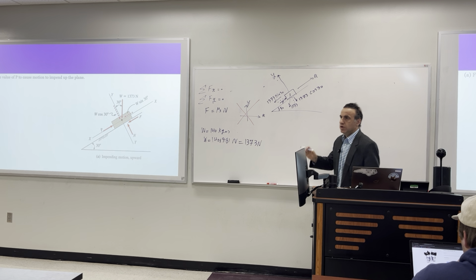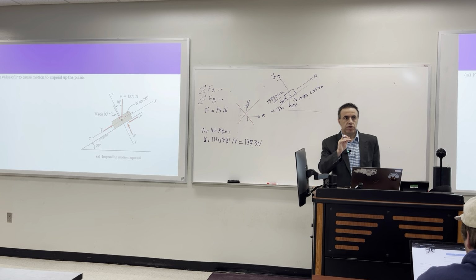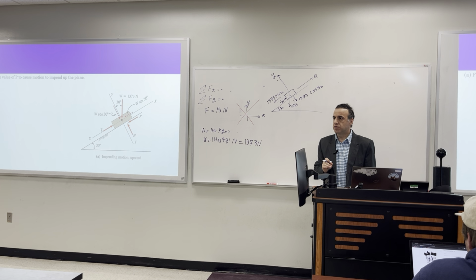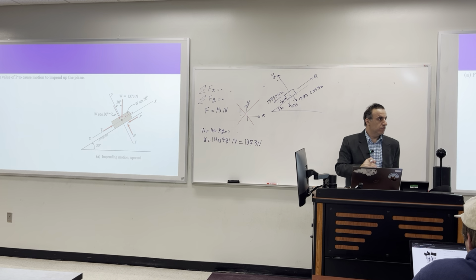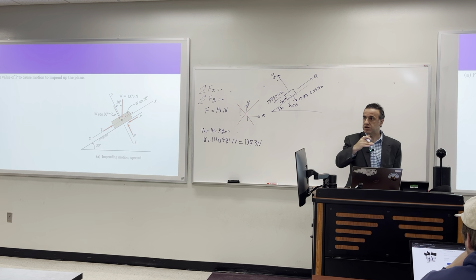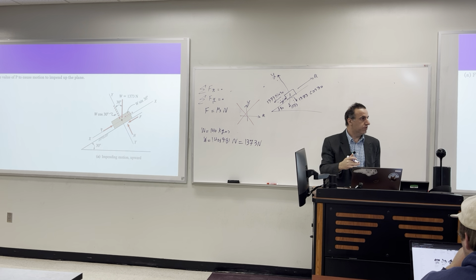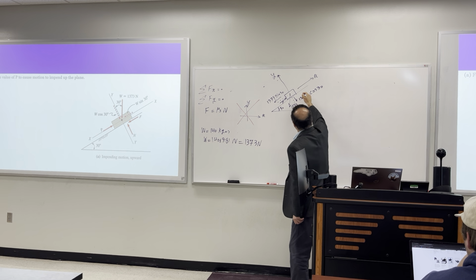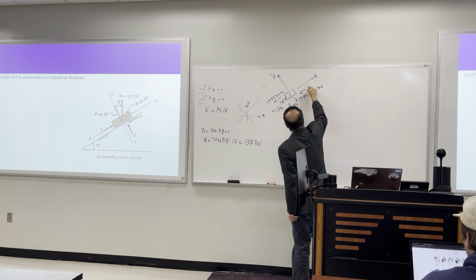So you tell me, where is the direction of friction? We're going to move it upward. Our intention is going to be upward. So friction has to be going down, always against movement. So my F is this one.